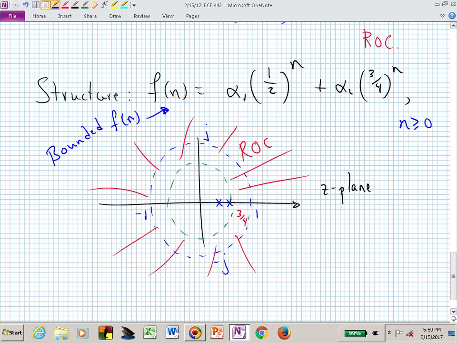If that unit circle is inside, or contained in, the region of convergence, you know that your time domain waveform is bounded. That's the second way you could have answered this question. So if the region of convergence contains the unit circle, which this one does, then you know your time domain waveform is bounded.